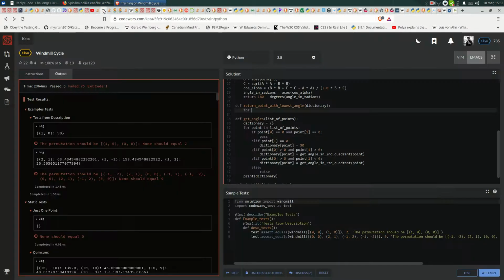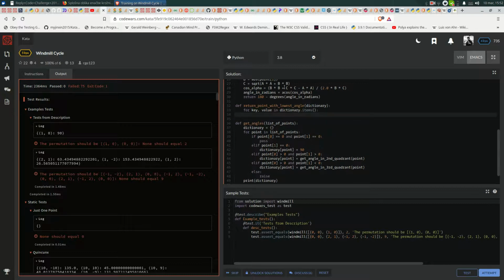All right, so we say items. So we say for key, value in dictionary items.